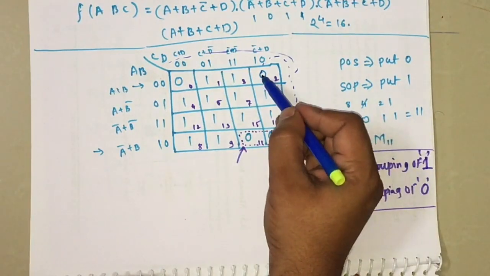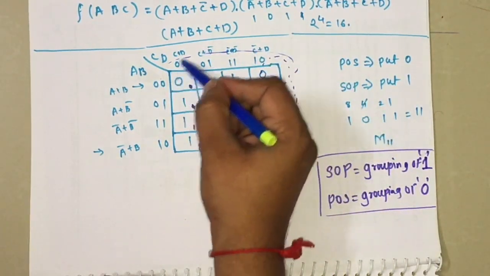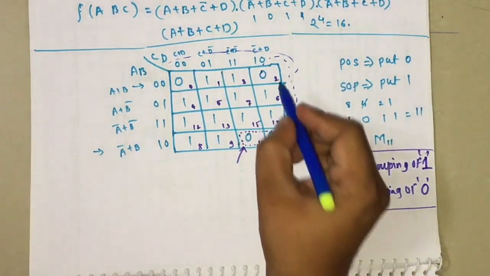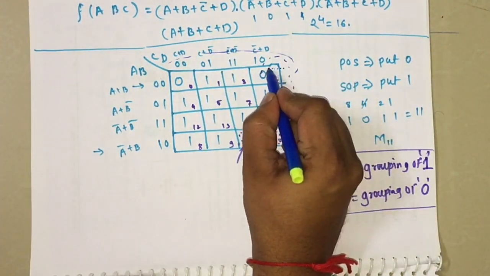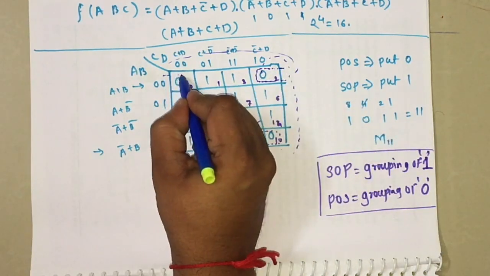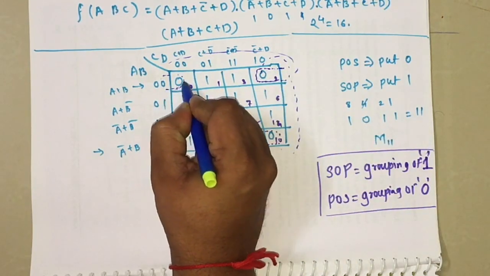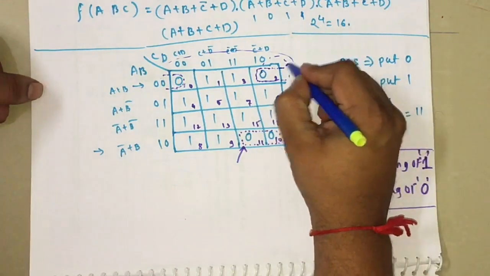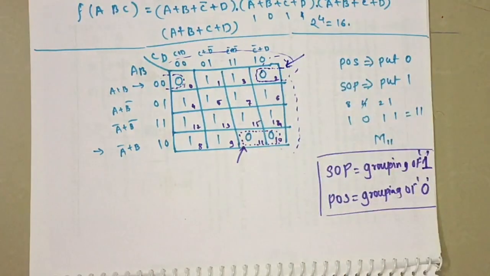And if we group this 0 with that 0, then it is non-overlapping. So we go with the second case, where we group these two zeros externally without overlapping. This is our second pair. Here also two zeros are grouped, so it is a pair.